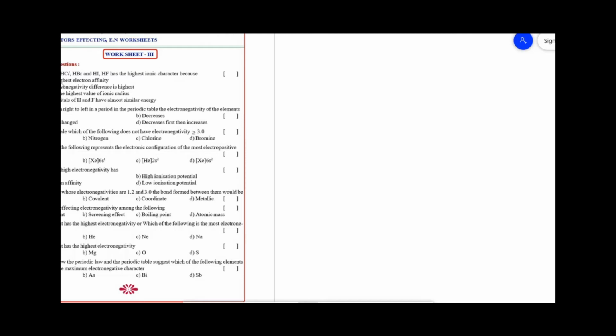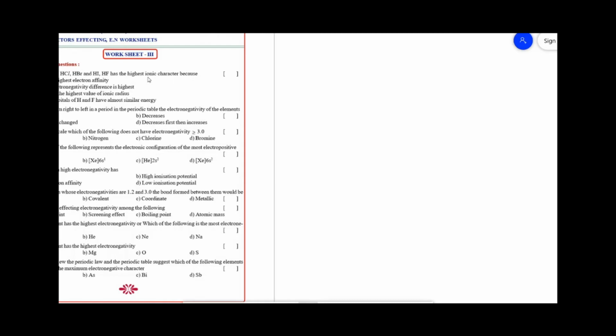So in the first question, between HF, HCl, HBr, HI, HF has the highest ionic character because generally ionic bonds and covalent bonds can be differentiated by taking the difference of their electronegativities.